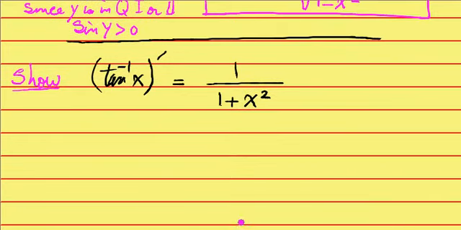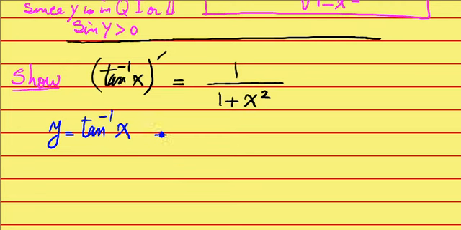Let me encourage you to stop this video and make a proof yourself, and come back. You start with y is equal to tangent inverse of x. You go through the differentiation, and then you have to apply a bit of trigonometry to get your formulas. And it will be a much more satisfying experience for you than just listening to me.